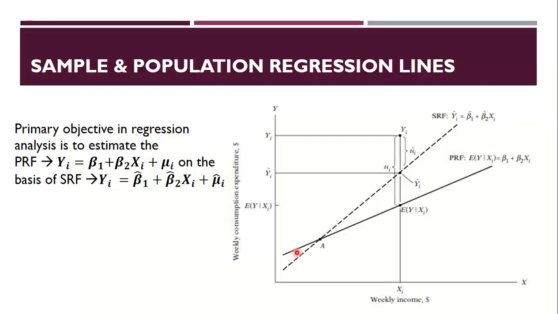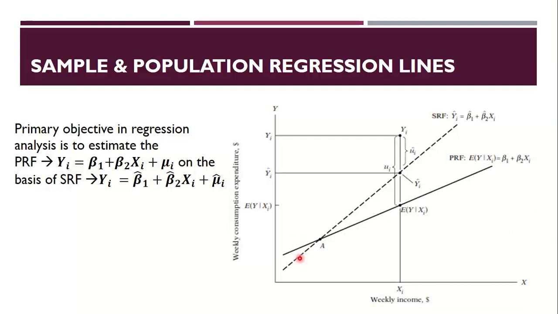Now obviously from this figure, yi hat overestimates the true expected value of y given xi for the xi shown therein. By the same token, for any xi to the left of point A, the sample regression function will underestimate the true population regression function. But you can readily see that such over and underestimation is inevitable because of sampling fluctuations.